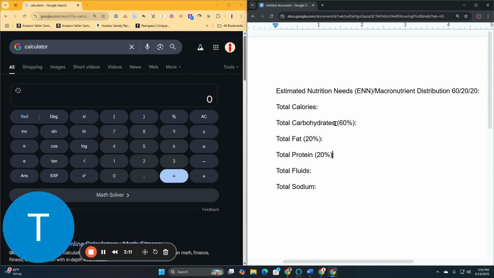Sometimes these numbers will be adjusted depending on a person's medical condition or their health goals. For example, a person with diabetes will probably have 45 to 50% of their calories from carbohydrates. They can also go a little bit lower, like 40, in extreme cases maybe 35. But if we reduce this, we have to add on somewhere else.